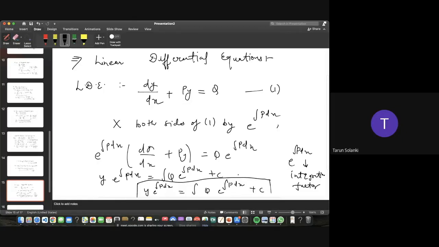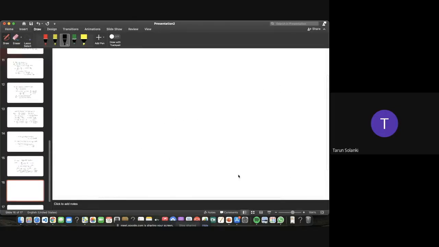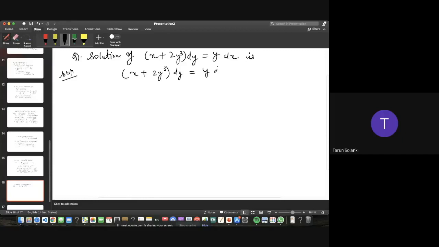Now we will look at one problem based on this. The solution of (x + 2y^3) dy = y dx is... So the solution will be (x + 2y^3) dy = y dx.